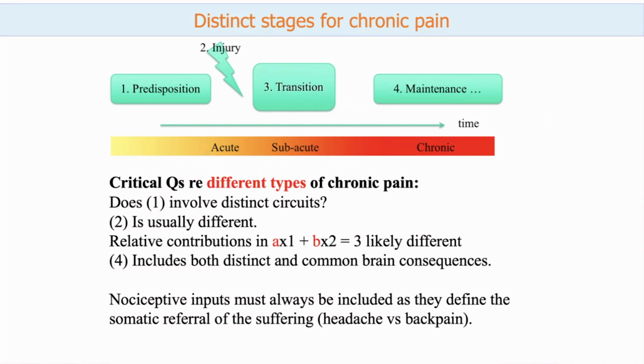But what I also want to emphasize here is that nociceptive inputs from the periphery must always be included in our models, in the sense that a back pain patient always reports the pain in the back, while a headache patient reports the pain in their head. And that somatic information is a nociceptive input from those tissues, and that is part of the model that needs to be considered as well.